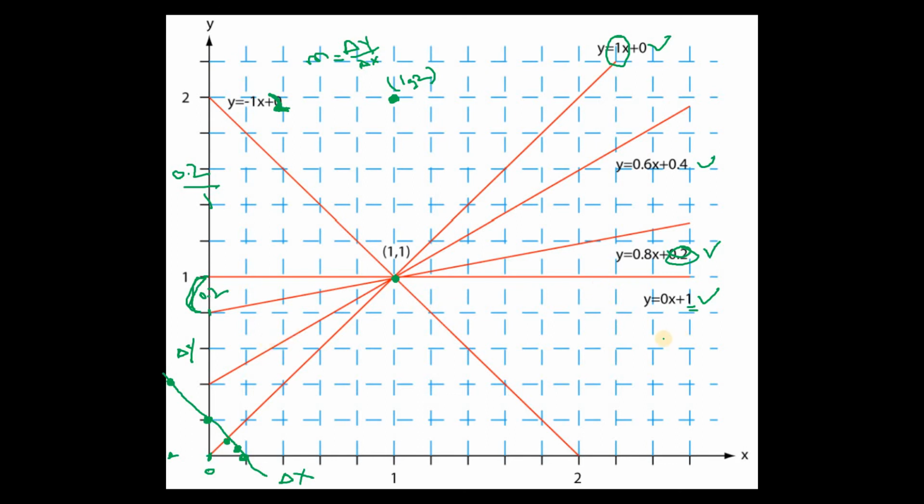So the slope over here for this line is coming as 0.2. And the intercept, which I think they have written the opposite way, is coming as 0.8. So this is how you will find out.